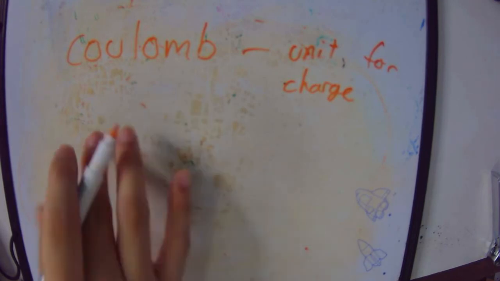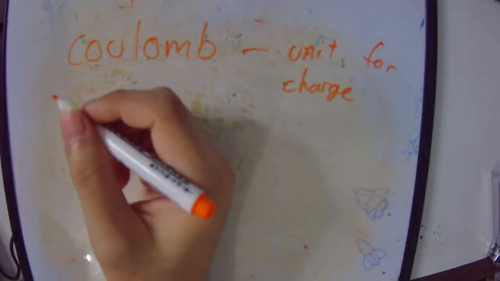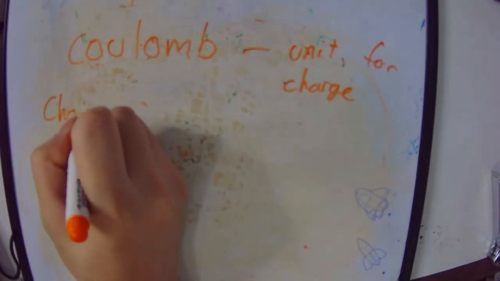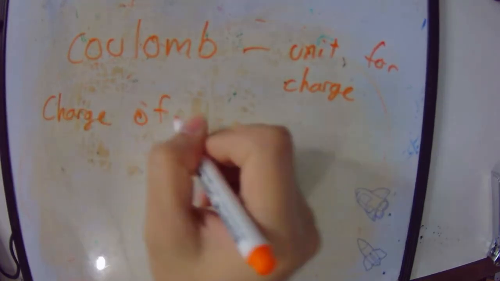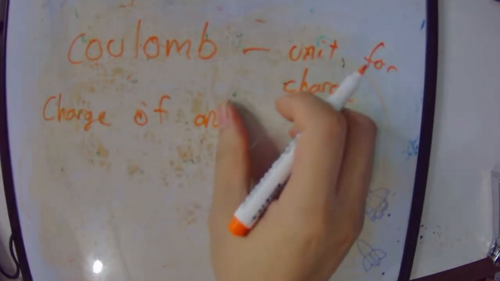No, we could try to count all the electrons, but that would be impractical because there are thousands and thousands of electrons and they are very small. So we have an equation where we can calculate the charge of an electron.